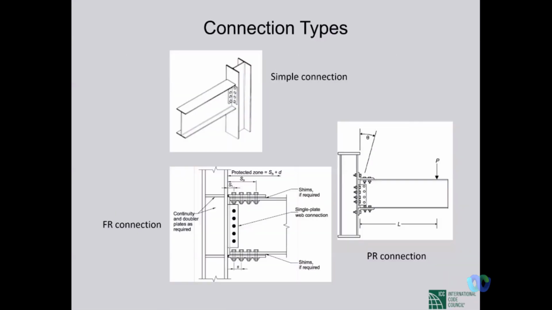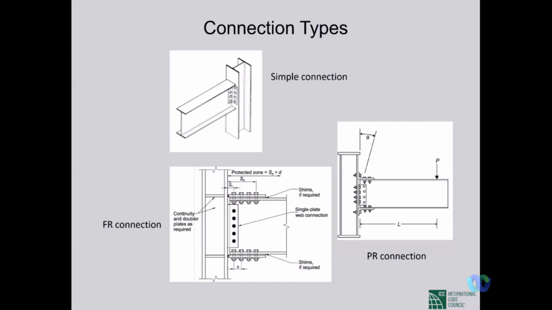Now, if we see some figures for our understanding, I'm pretty sure that most of you are very well aware of simple connections and moment connections. Simple connections don't transfer moment. So what happens if we want to transfer moment?